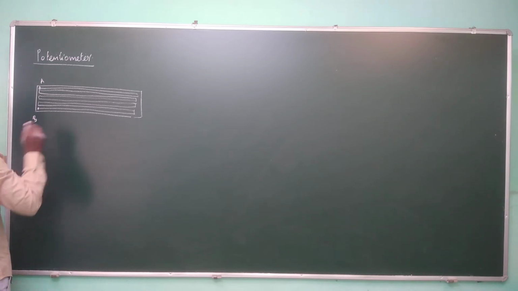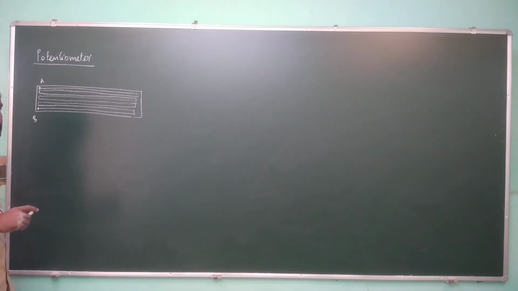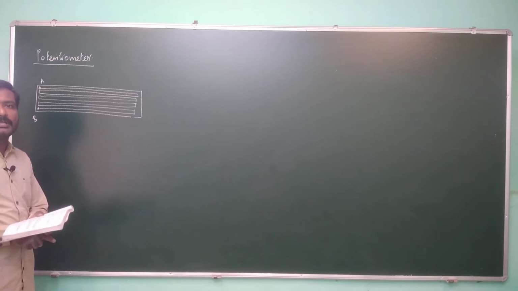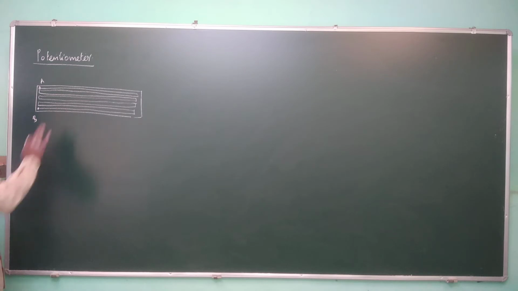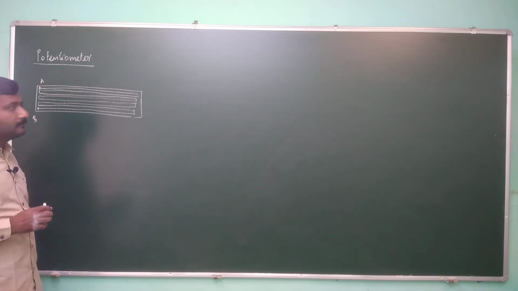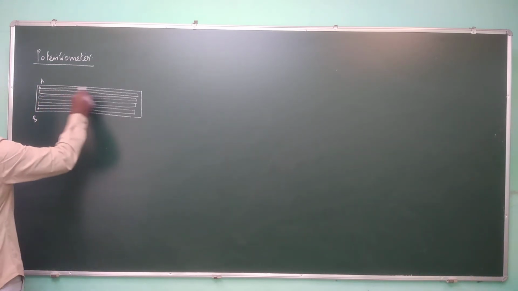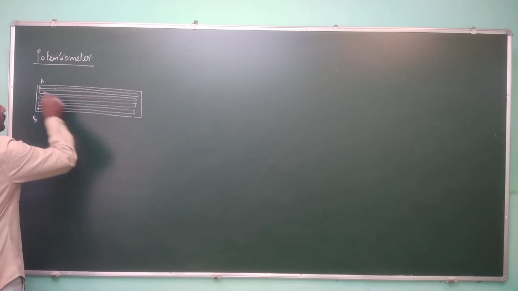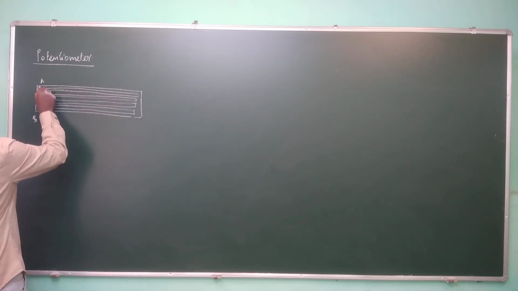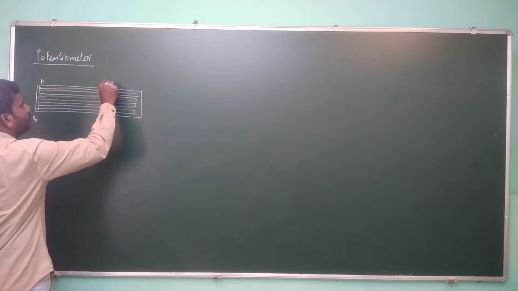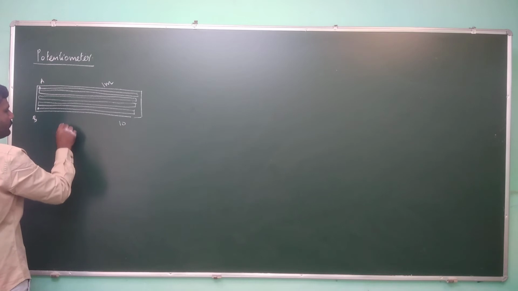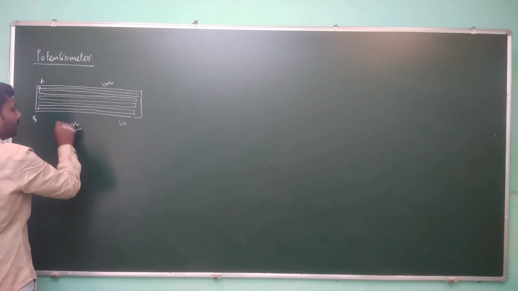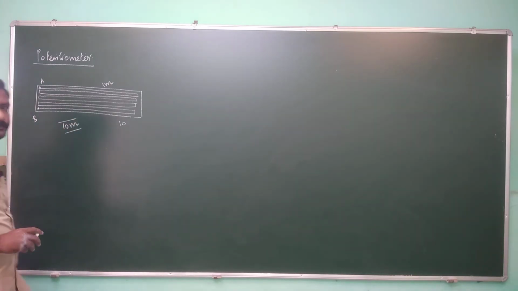So in general, the commonly used potentiometer in the physics laboratory will look like this. There is a wooden board, and a wire arranged in a zigzag manner, where the length from this point to this point is 1 meter, and the total number of wires is 10, so the potentiometer consists of a 10 meter length of wire.